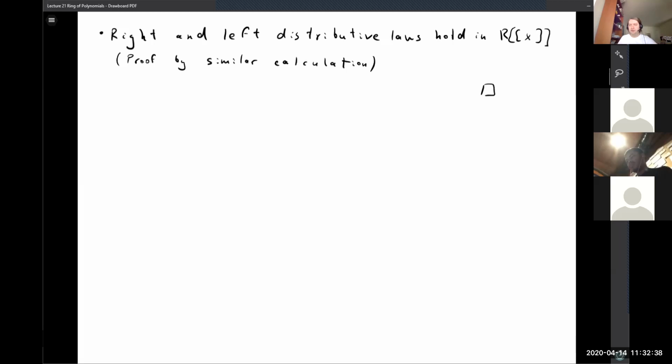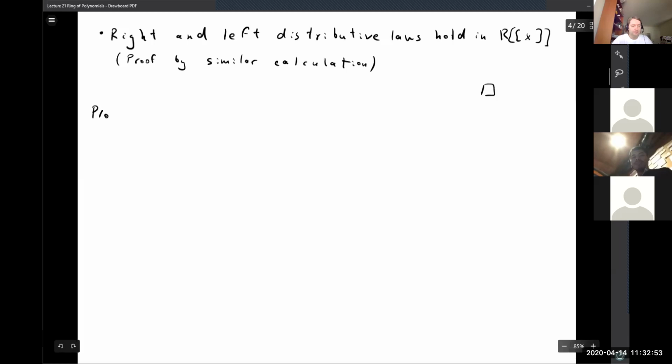Do you have any questions so far about the theorem or its proof? Okay, so now let's talk about the main application of this theorem.